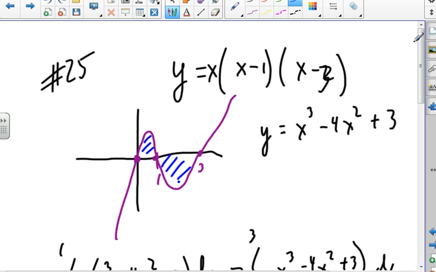I put the whole thing as an exponent of x. Again, 0 to 3 of x cubed minus 4x squared plus 3.